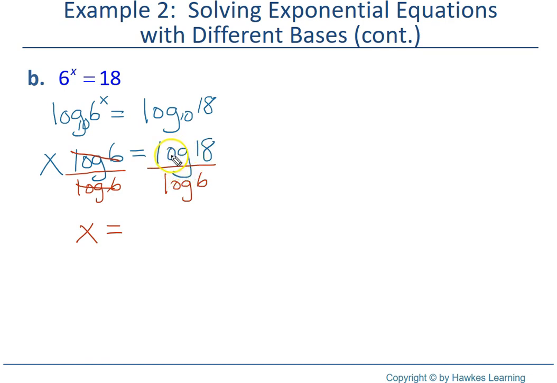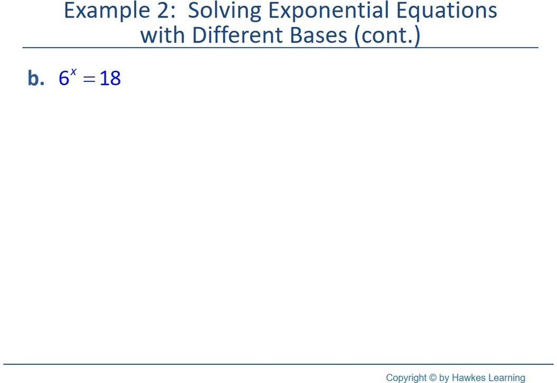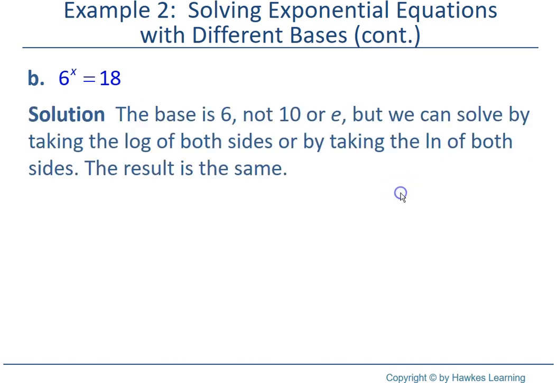Now, in this case, we are dividing the log of 18 by the log of 6. So, let's take a look at this. So, the base is 6 here, not 10, or e.